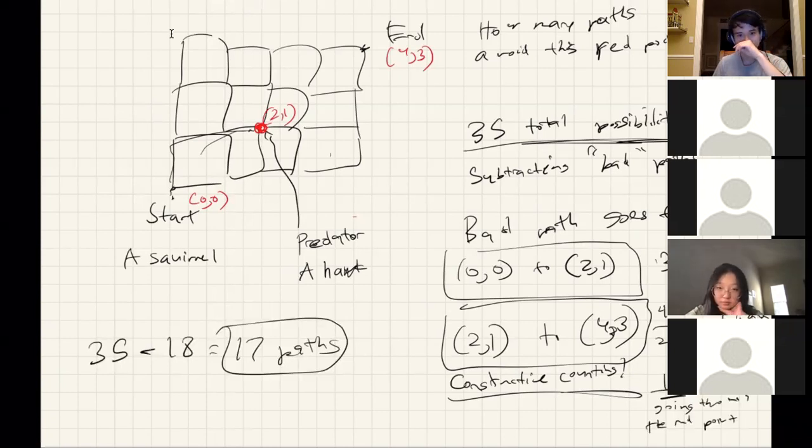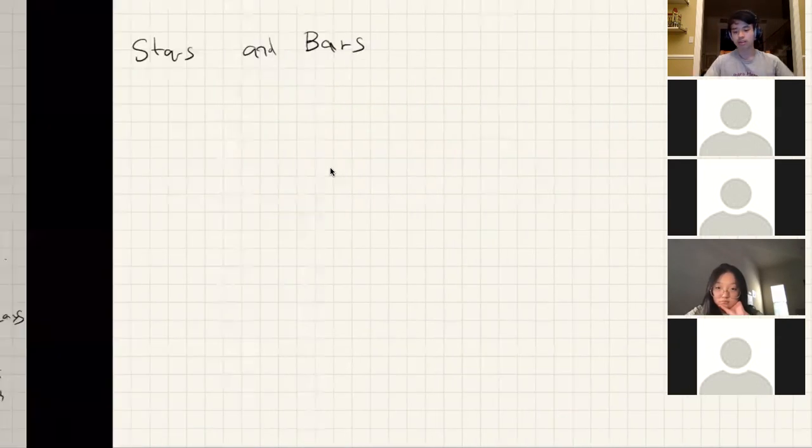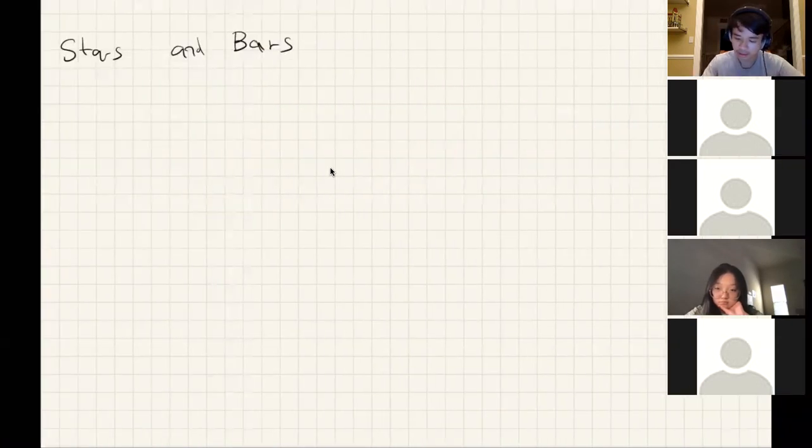So there's still a lot of choices for the squirrel to take. So okay, before I go on to stars and bars, I want to talk a little bit about combination notation.